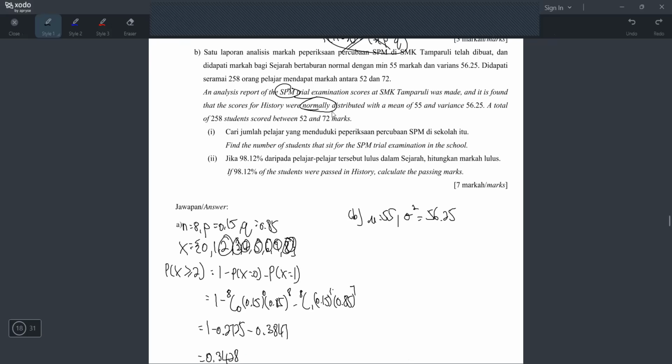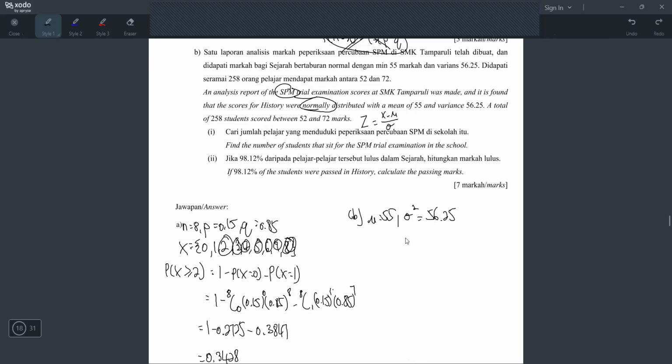Only binomial we use that formula. Normal distribution, they give you the mean, and the standard deviation is for you to convert to Z. Because in normal distribution we have to convert to the Z value, and the formula is X minus mean divided by standard deviation. It means in normal distribution, the variance is actually not used.